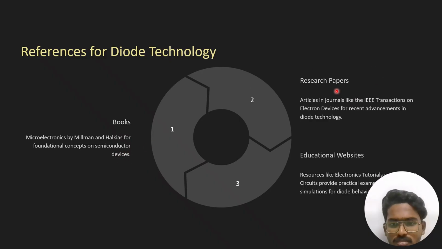The papers, main research papers, are articles in journals like IEEE Transactions on Electron Devices for recent advancement in diode technology, and educational websites like Electronics Tutorials and All About Circuits provide practical examples and simulations for diode behavior. These are all the references for diode technology to gain knowledge.